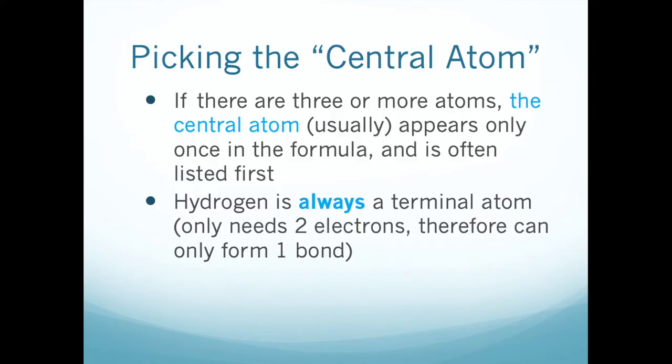So it'd be really lousy as a central atom if it can only connect with one other atom. So hydrogen's always what we call a terminal atom. If your formula starts with hydrogen, it's probably the second element that's listed. But otherwise, typically, the first element listed in your formula is usually your central atom. So start off by drawing that central atom, and then connect your other atoms to it with single bonds.